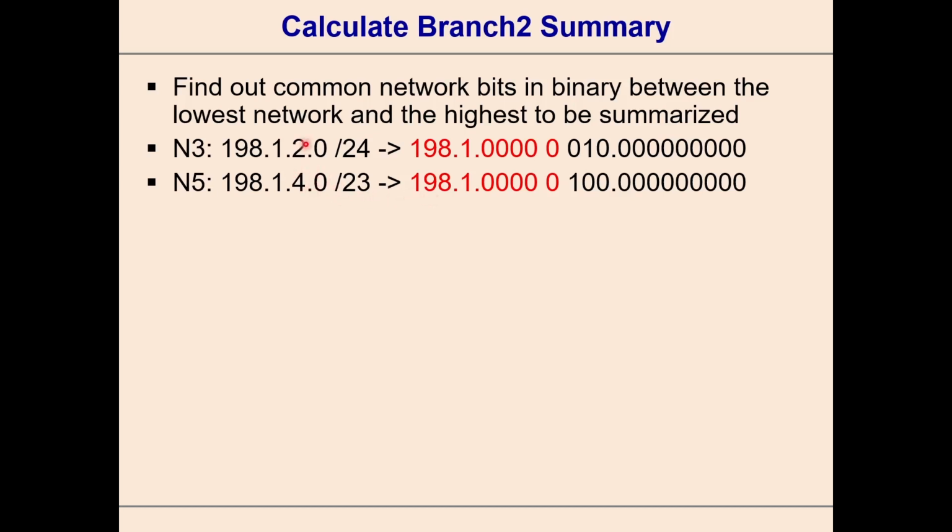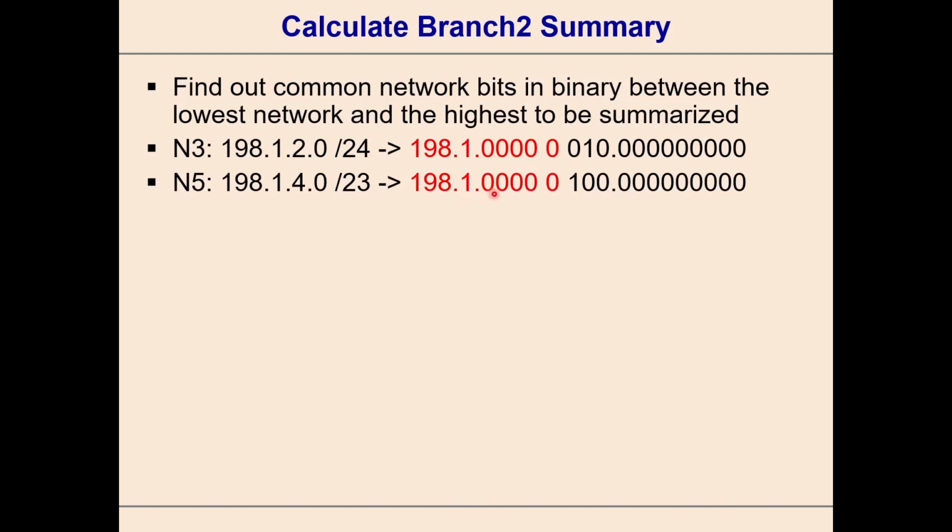So the third octet is different. We write them into binary. The first 2 octets are the same, no need to write them into binary. And so the third one is 00000010, that is .2.